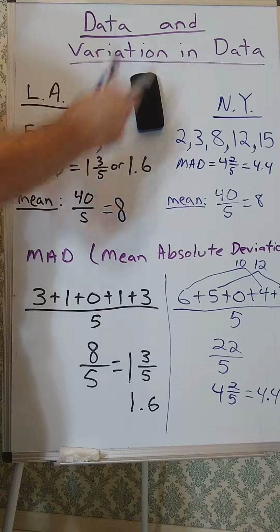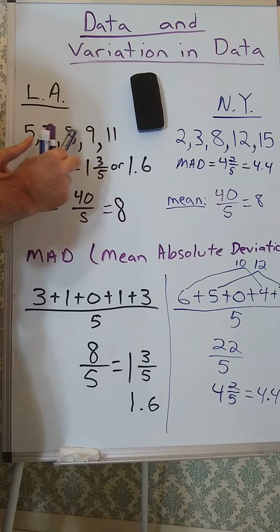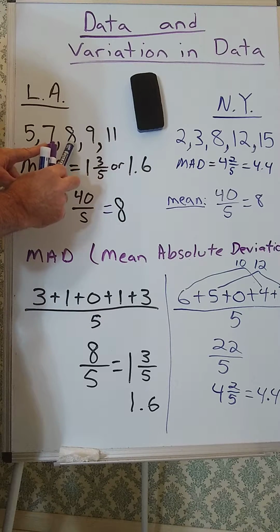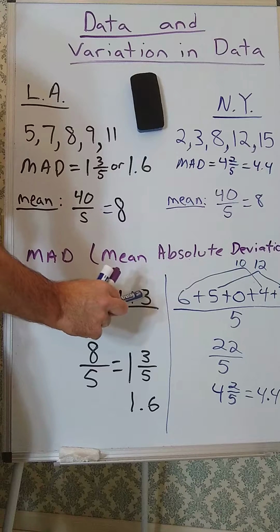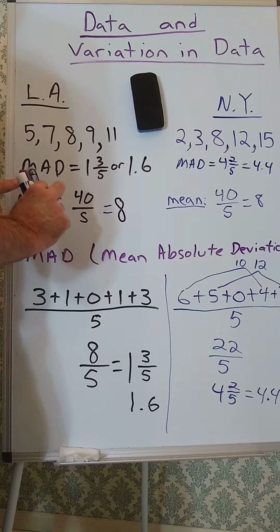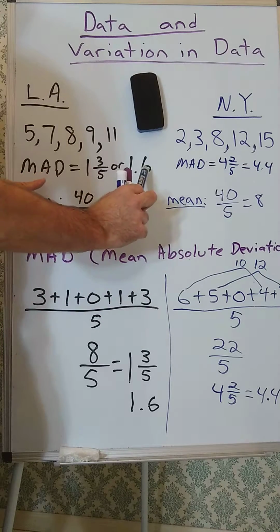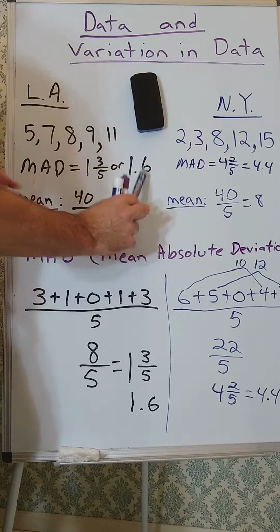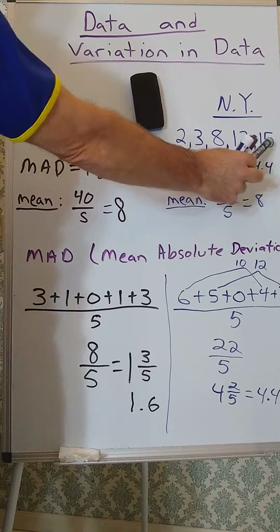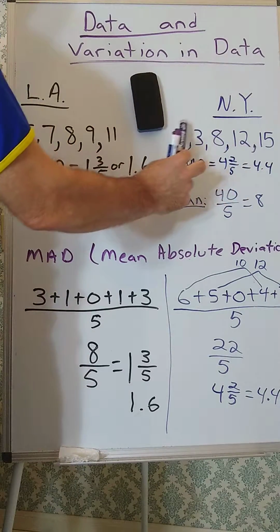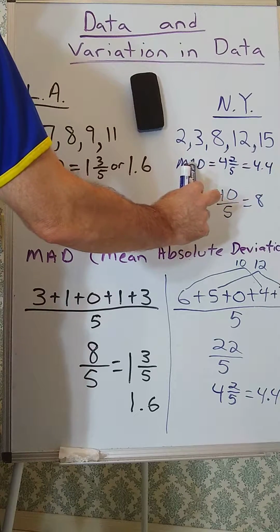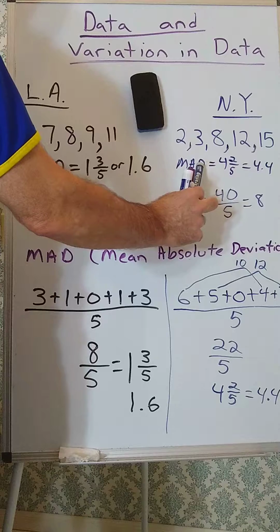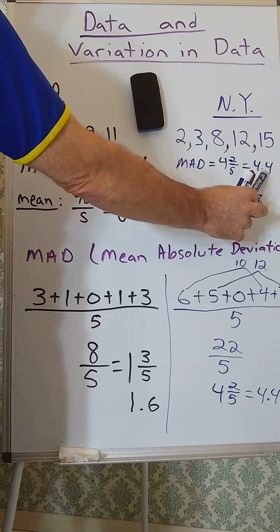And that makes sense. We see none of the numbers are too far away from 8. The furthest value away from 8, in this set, was 3. So the average of the deviations was only 1 6/10. Here we had a value that was 7 away and we had a value that was 6 away. So here our mean absolute deviation was 4 4/10.